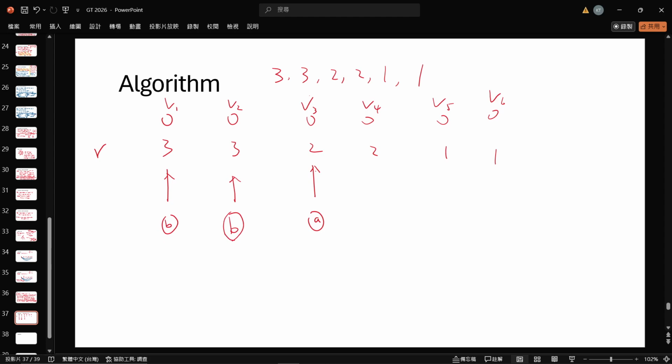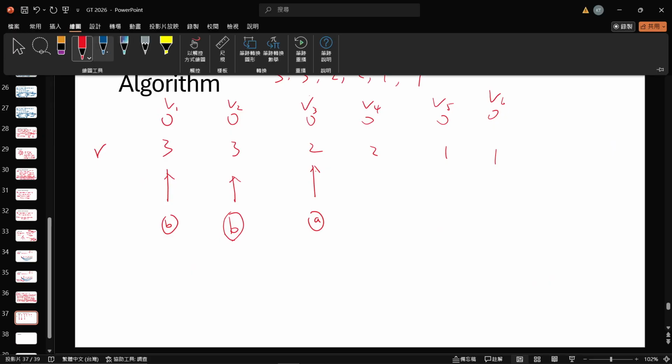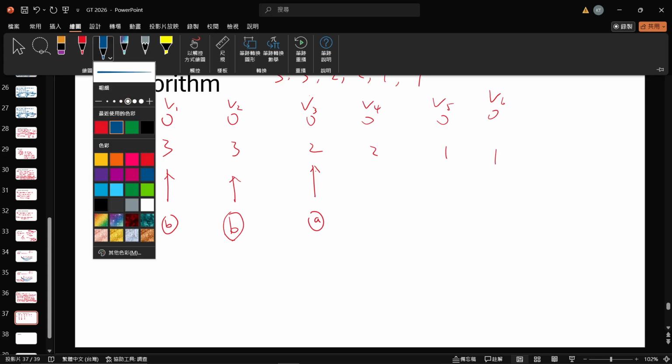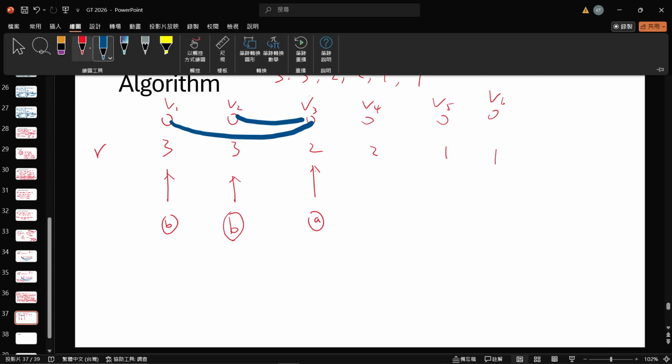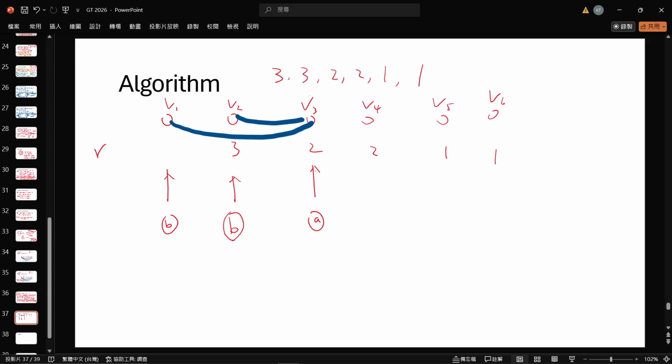So this is step B, and in step C, we add edges. And in step D, we update the remaining degrees. So 2, 2, 0. So this is the first round.